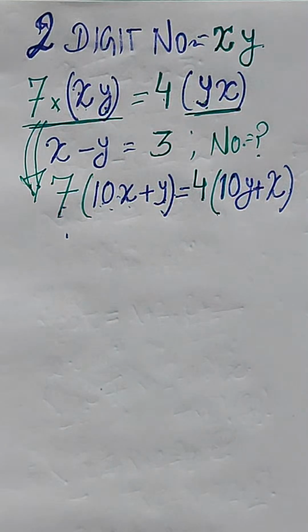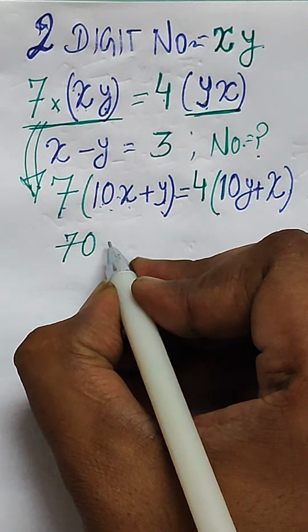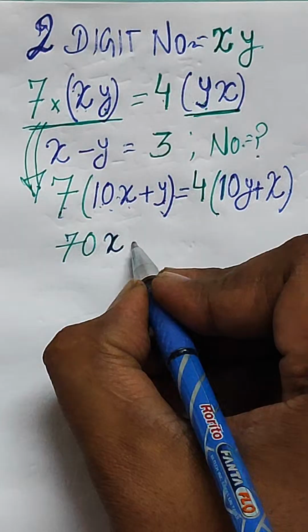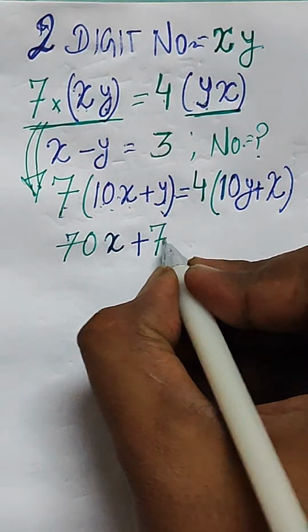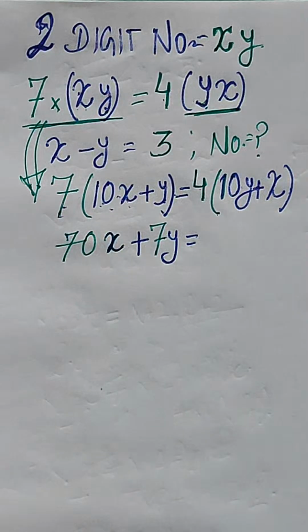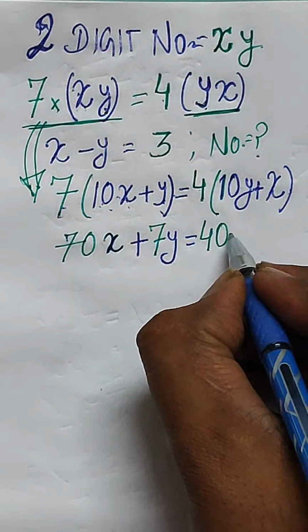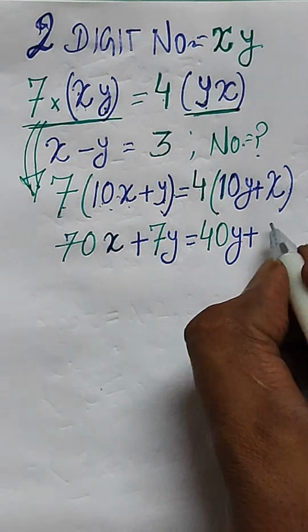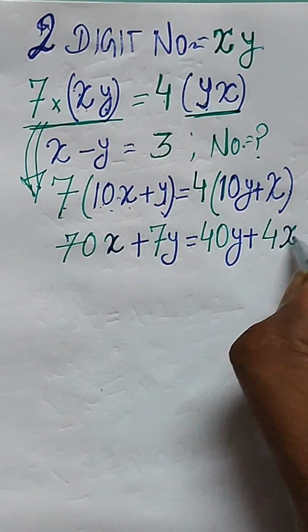This will give you 7 into 10, that is 70x plus 7y is equal to, on the RHS we have 40y plus 4x, isn't it?